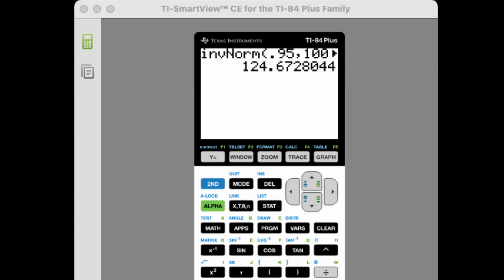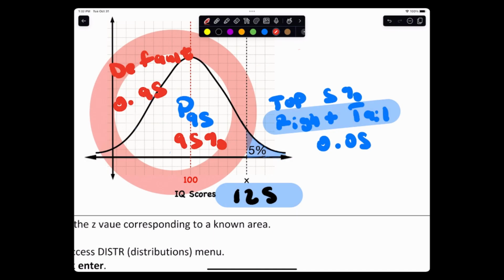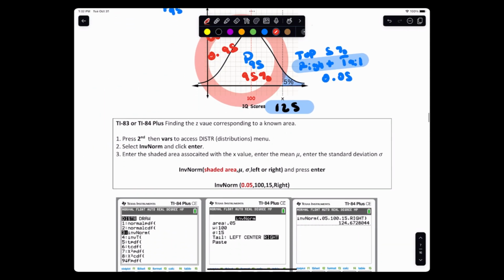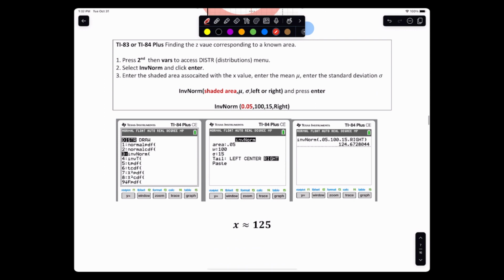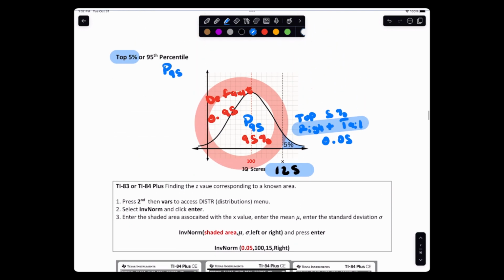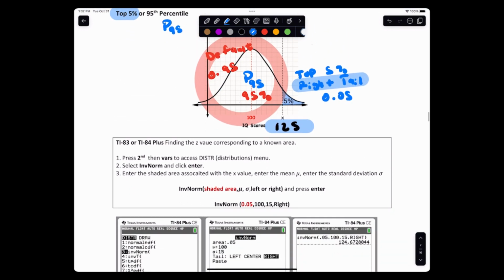There you go, ladies and gentlemen. It's 125 still. You guys see that there? So either calculator that you use would be good for that. And I do have that in the notes as well. Okay, you guys with me on that one? This is how you handle top 5%.